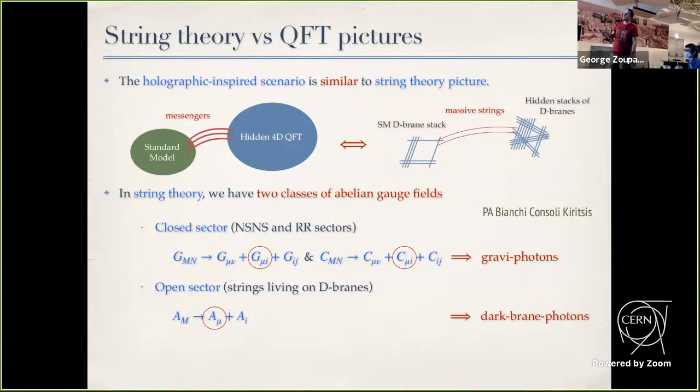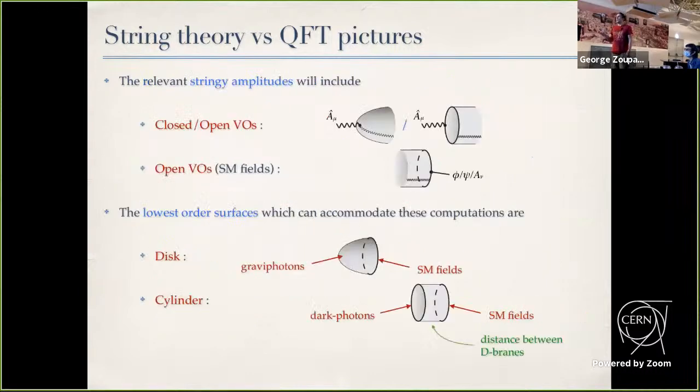Or they can be open strings coming from the open sector, which are attached on D-branes with both ends on the same stack of branes, and these we will call dark brane photons. To compare the two models, we first have to compute some string amplitudes. To do so, for the closed and open strings that I mentioned before, we have to take different vertex operators.